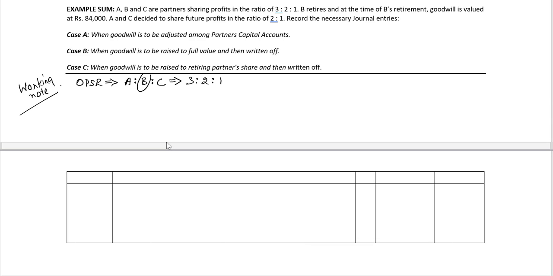The partner who's retiring is partner B. Further, it's given that the new profit sharing ratio between the continuing partners A and C is equal to 2:1. So let's do old share minus the new share.